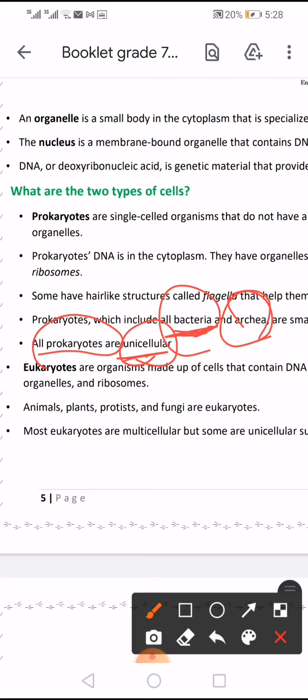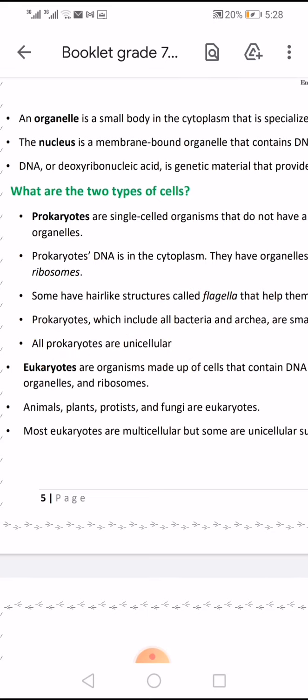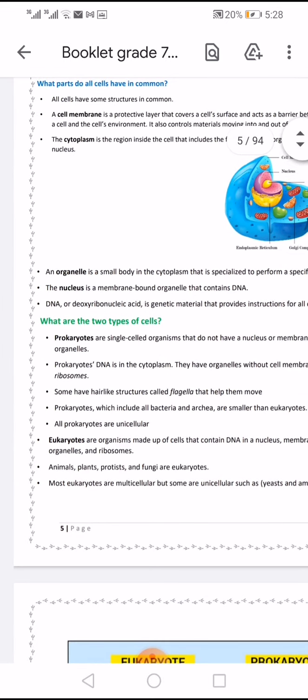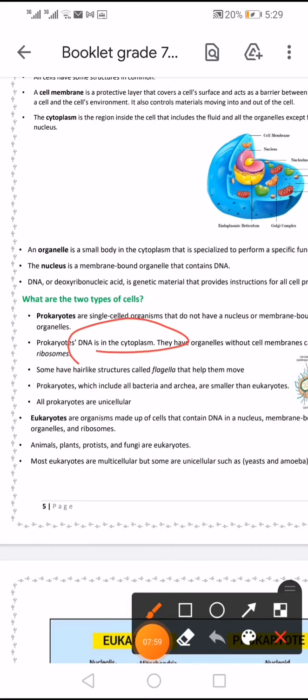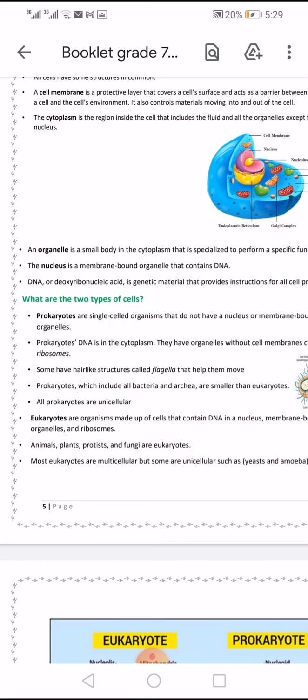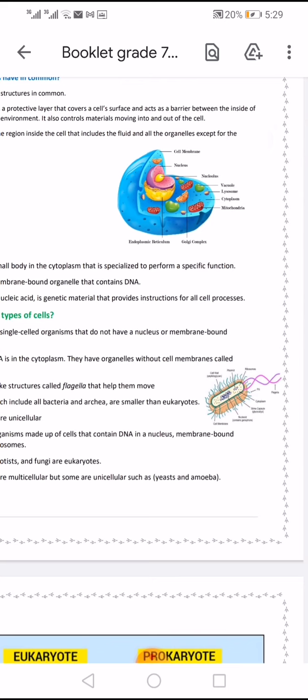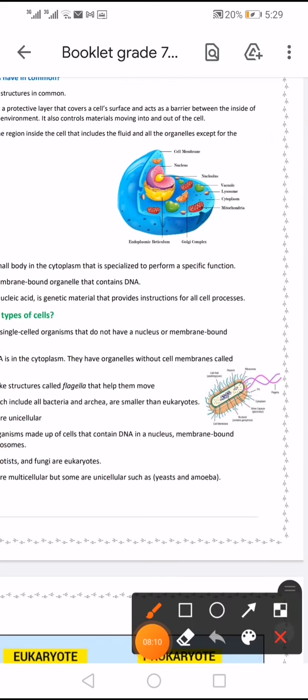Again, a prokaryote is a type of cell that does not have a nucleus, and its DNA is present in the cytoplasm. It also has organelles without a membrane called ribosomes, like the black dots here.